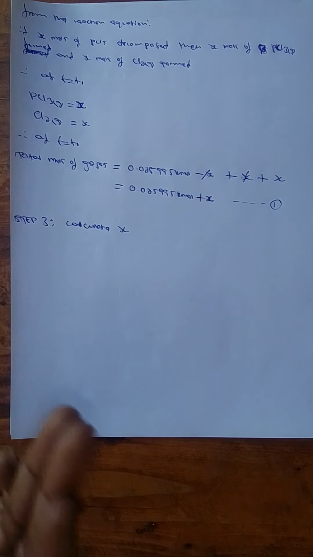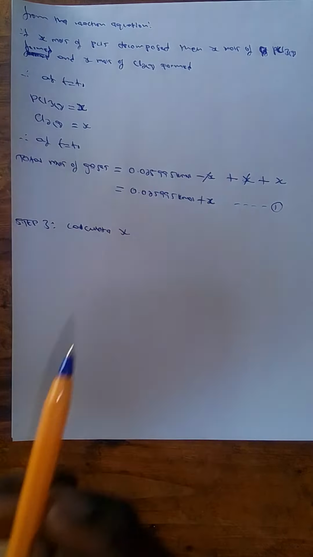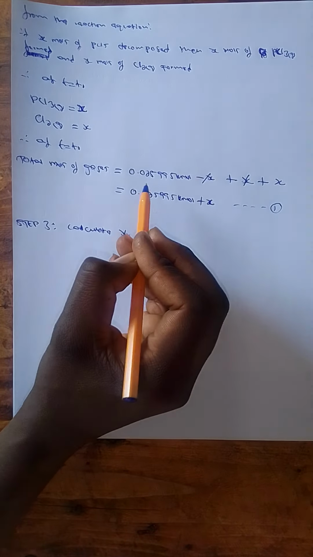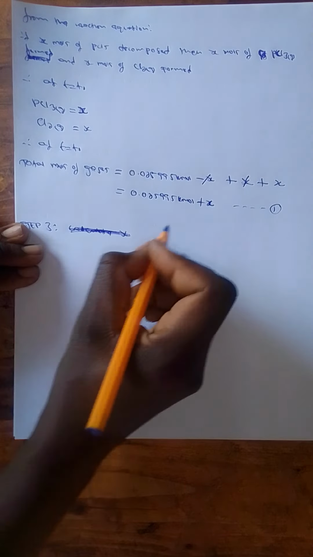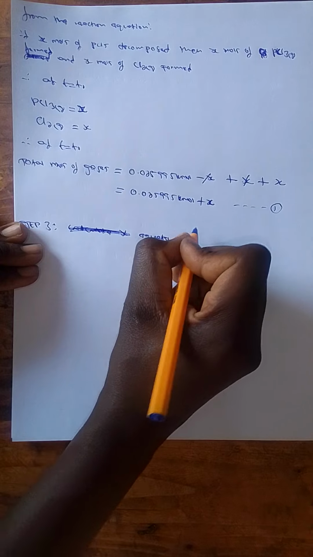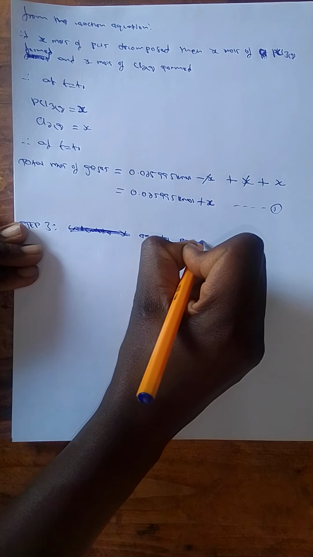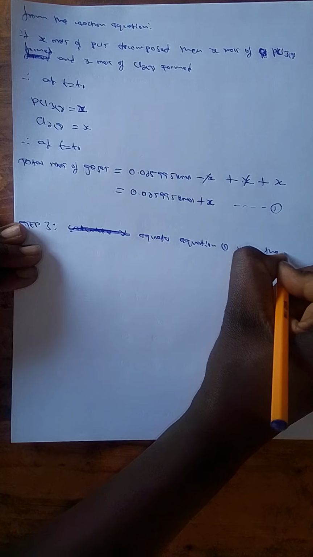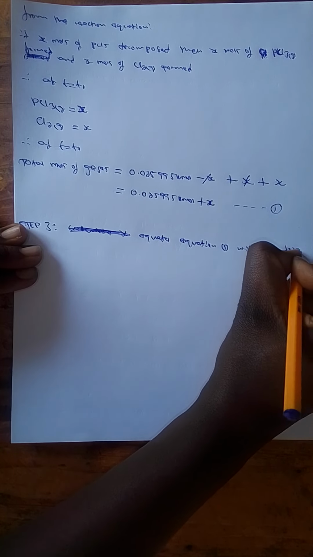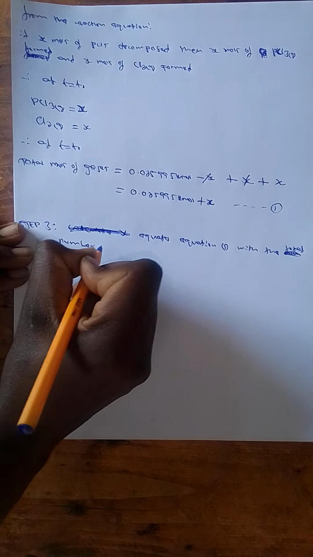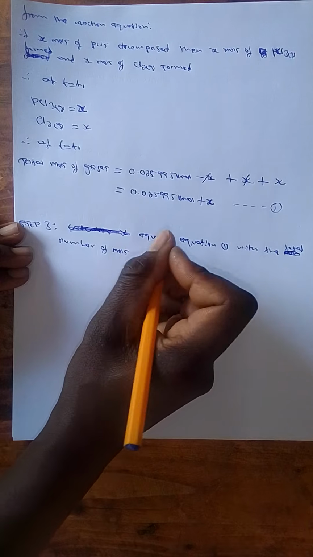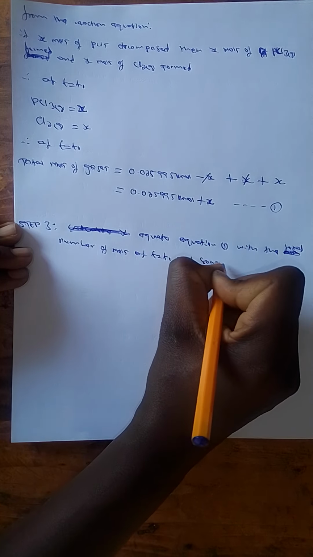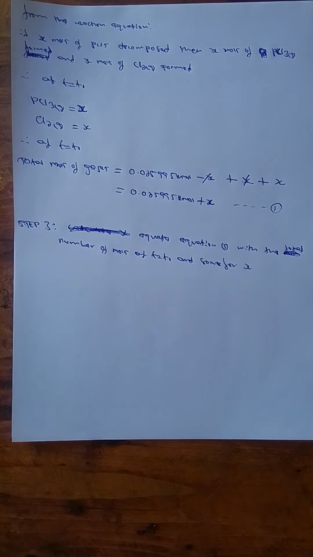So we have the total number of moles in two forms. First, we have the total number of moles without the details of which one is which, and then we also have the same thing in terms of X. So, to make it easily understandable, we're going to equate equation 1 with the total number of moles at T equals T1, and solve for X. That's basically what we're going to be doing.